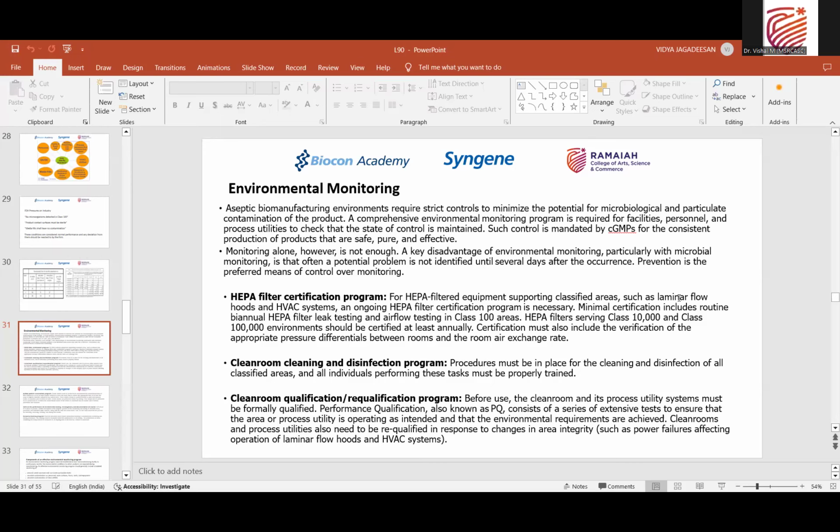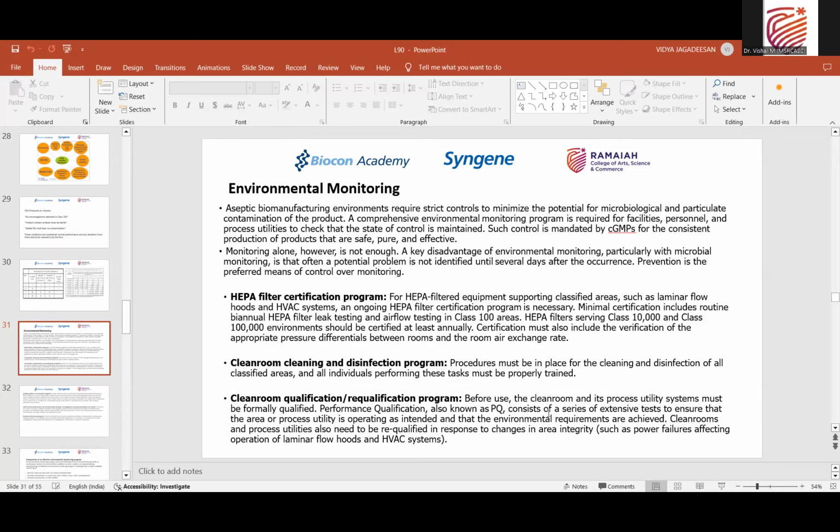So any kind of contamination, if you are practicing GMP, the product consistency has to be maintained. The products have to be safely and purely maintained. So how do you achieve all this?